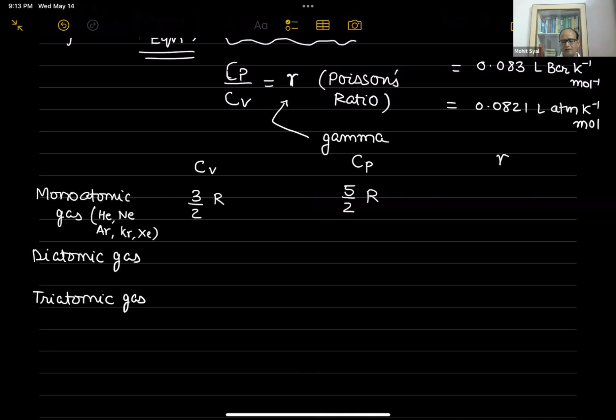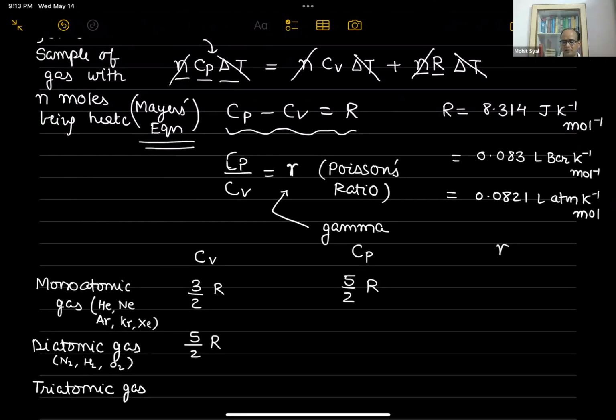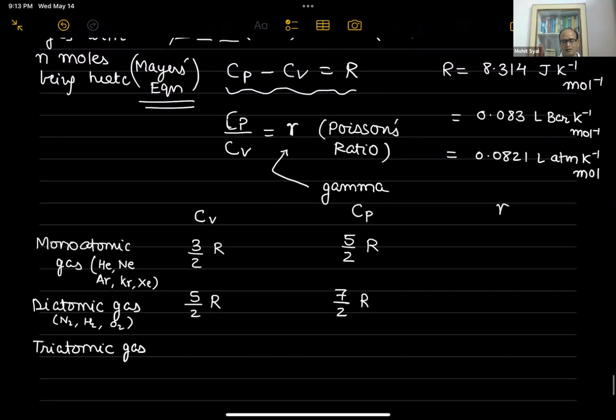Diatomic gas examples: N2, H2, O2, which is 5 by 2 R. And to get Cp, Cp equals Cv plus R, so 7 by 2 R. Got it? For triatomic, it is 9 by 2 R and 11 by 2. Gamma is 5 by 3, that is equal to 1.67.